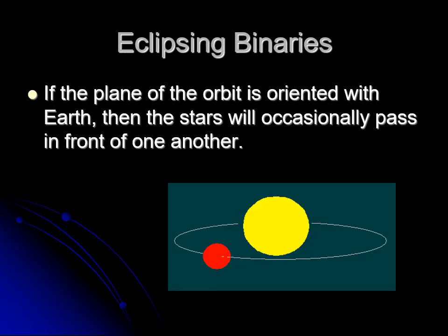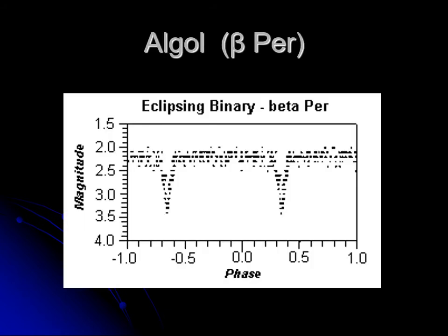Eclipsing binaries. This is what I studied in graduate school. In eclipsing binaries, you have a star that gets in front of the other, and when it does, the light dims down. The star Algol, Beta Persei, is an eclipsing binary. It's a variable star.